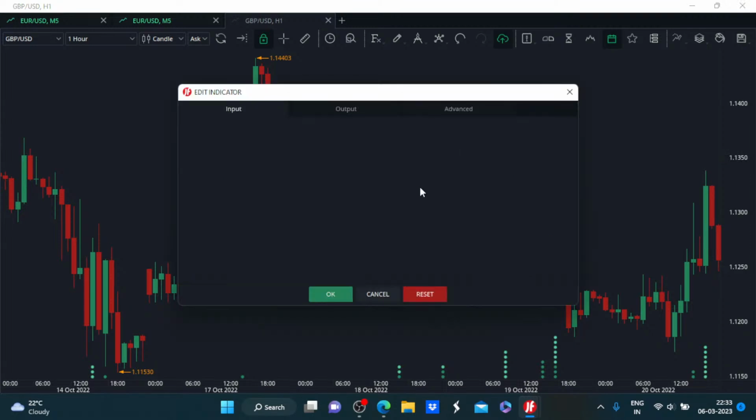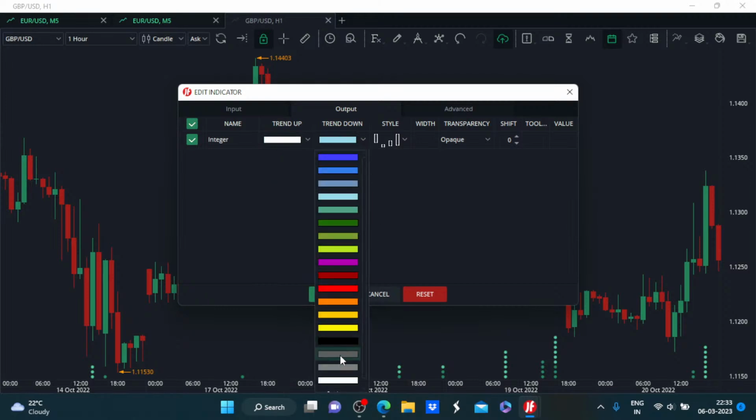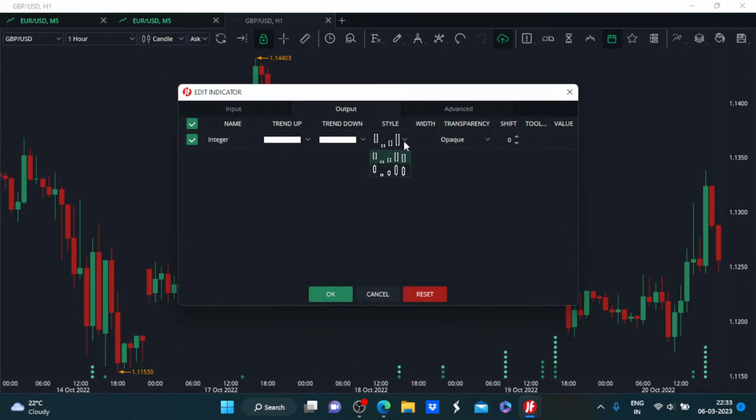Edit indicator, there is nothing we can do for the input. So we have input options disabled. For output, we can go for different color combinations. Those combinations are provided to us on this platform. Now we can also go for different styling combinations.